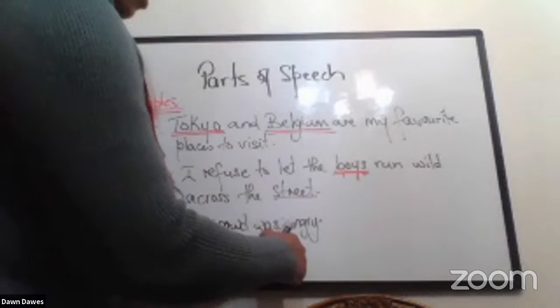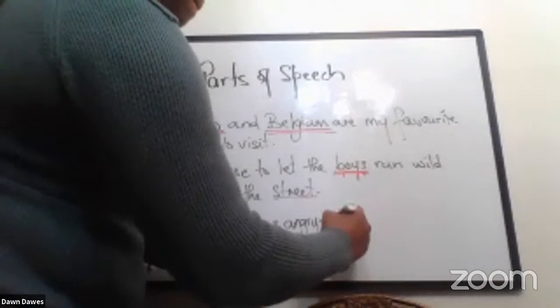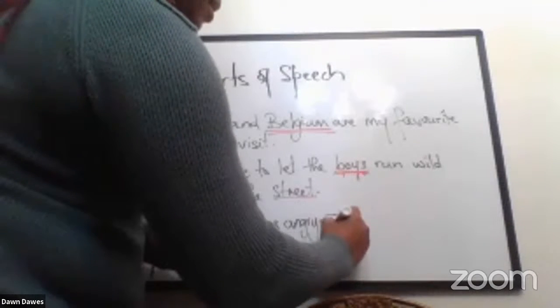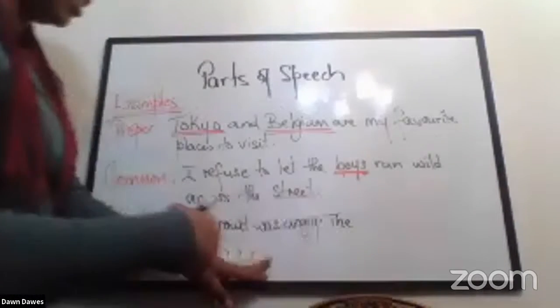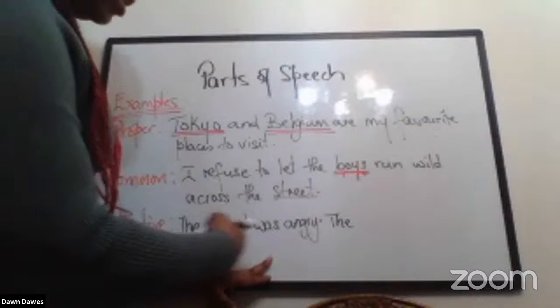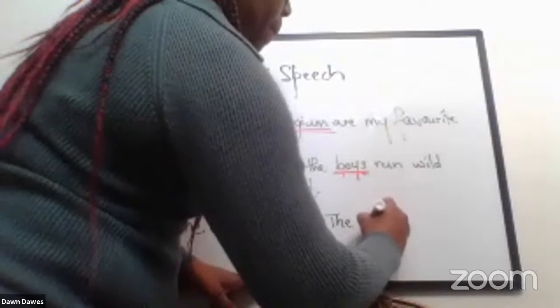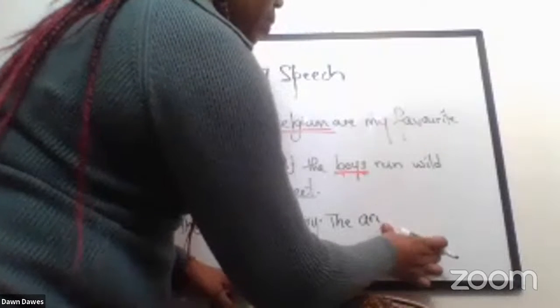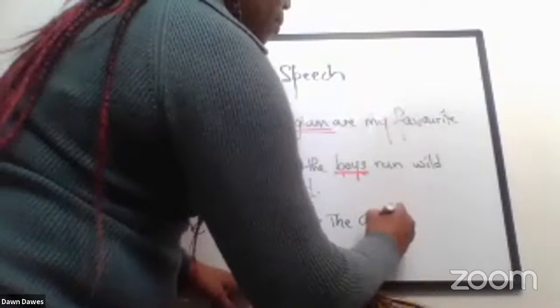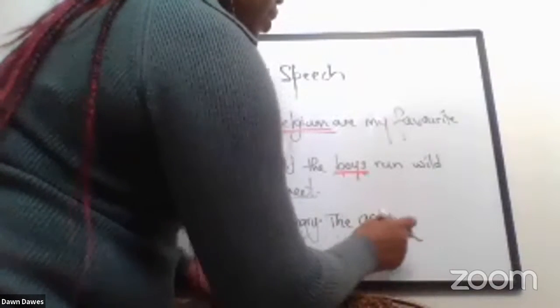So the crowd was angry. Just thinking about another sentence that would go well with this. The crowd was angry. Oh, let me, I'm missing out the M. Hands working faster than the brain.